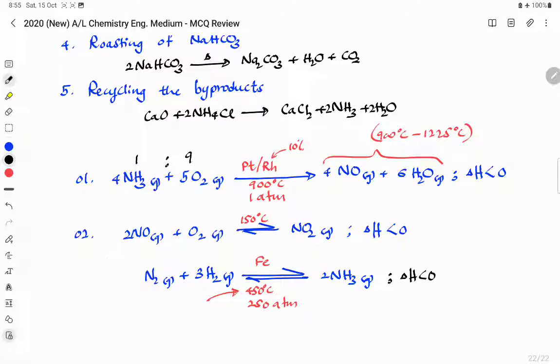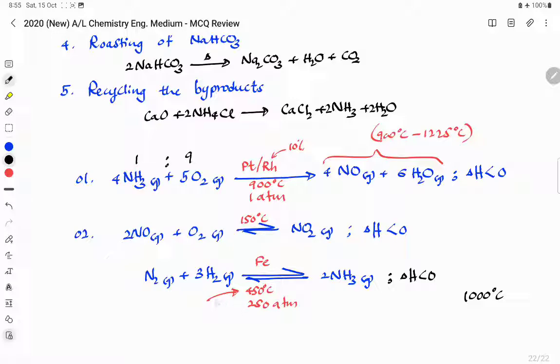Therefore, to increase the rate of the reaction, we have to increase the temperature, but we cannot increase the temperature up to 1000 degrees Celsius, because ammonia decomposition will be more faster than the production of ammonia at 1000 degrees Celsius. So the rate will be higher, but the amount of product that is being formed will be almost zero. Therefore, we have to come to an optimum temperature, that is the 450 degrees Celsius.